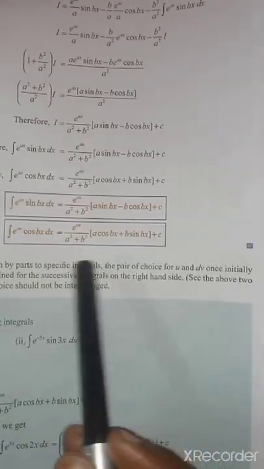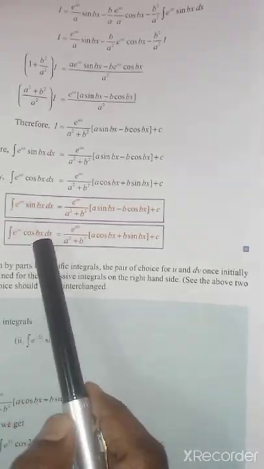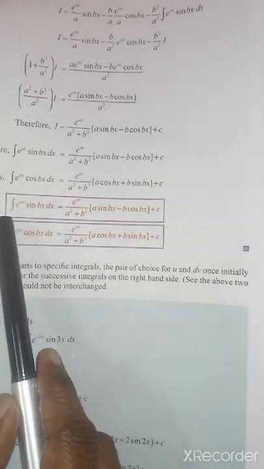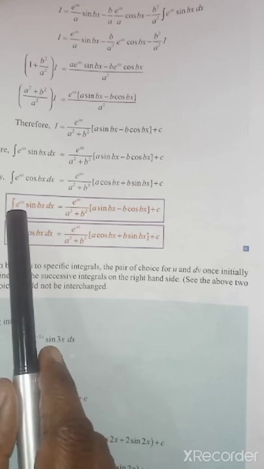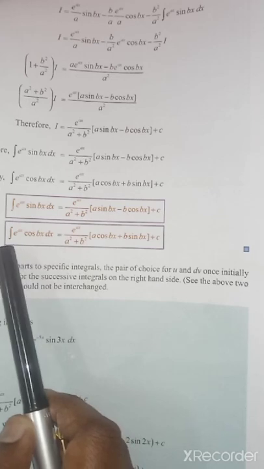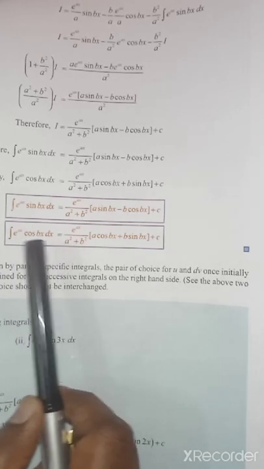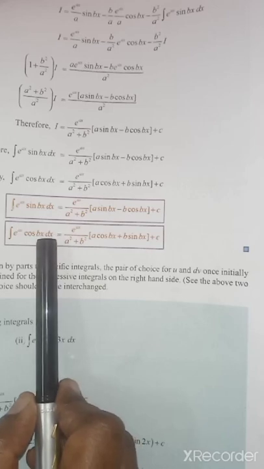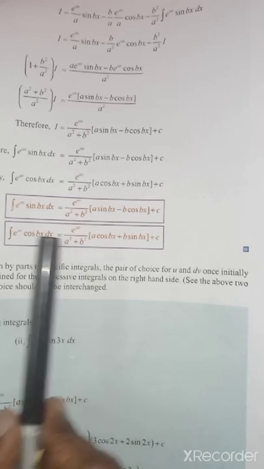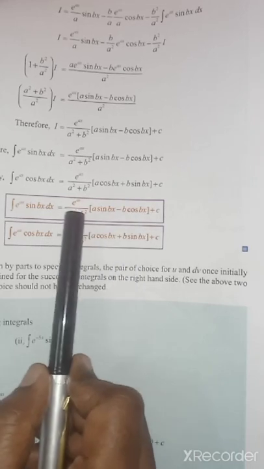And your next exercise, integral of the form, there are two types of form. One is integral e power ax sin bx dx, or integral e power ax cos bx dx. In this format there is no need to integrate directly, we can give the answer like this. So what is the formula?